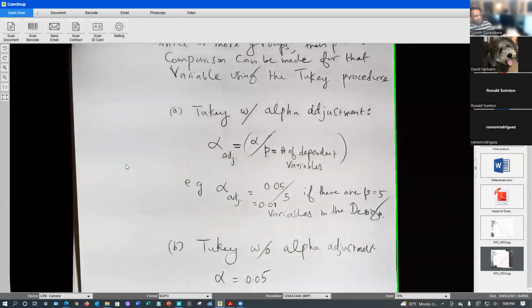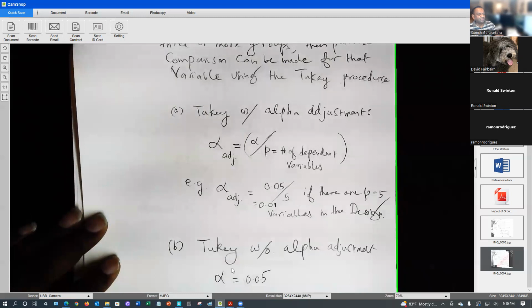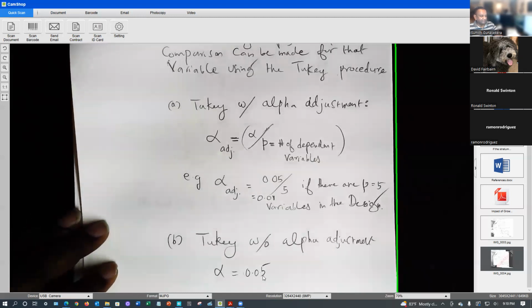That means 5 choose 2, which is 5 times 4 divided by 2 times 1, which is 10. So you divide by that. Here, not like that; here you divide by the number of variables. If there are 5 variables, you divide by 5. Or you're going to do the Tukey without alpha adjustment, taking alpha as it is.